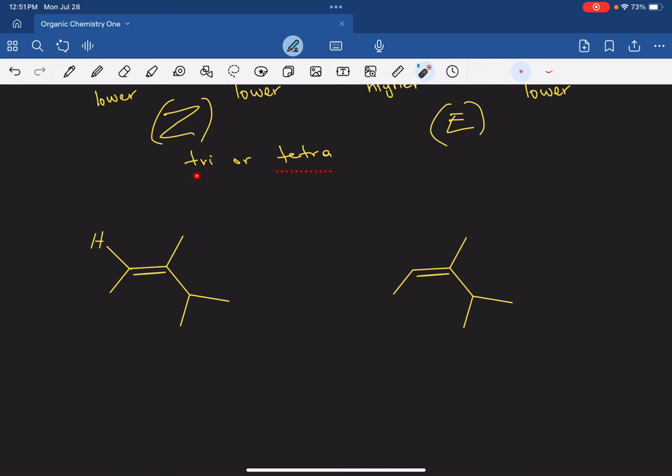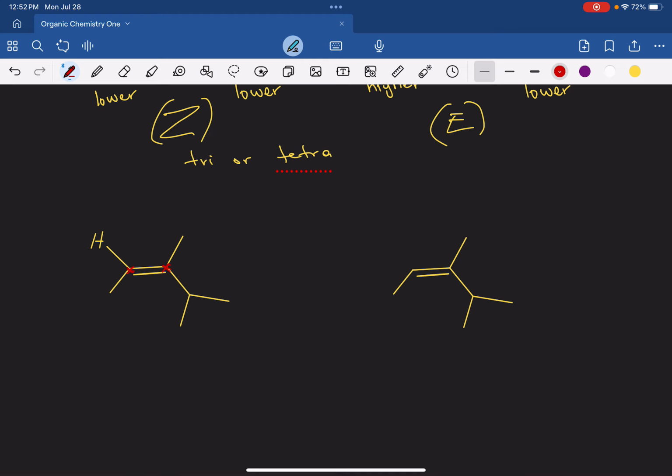Now, let me determine if it's a tri- or tetra-substituted alkene. All you have to do is circle the groups that are singly bonded to the carbons of the carbon-carbon double bond. These are the carbons of the carbon-carbon double bond; I've highlighted them with a red asterisk.